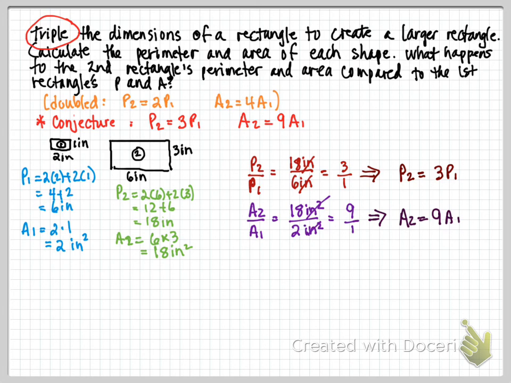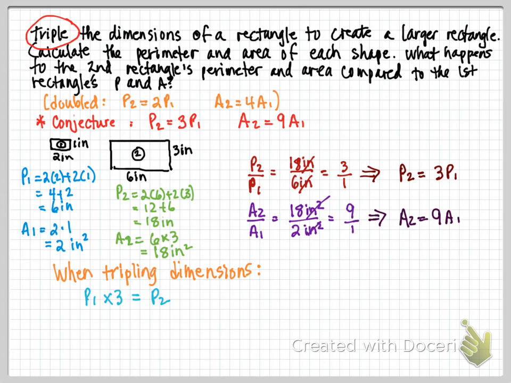So, what happens when we triple the dimensions? We take the smaller perimeter, and if we triple it, we get the larger perimeter.